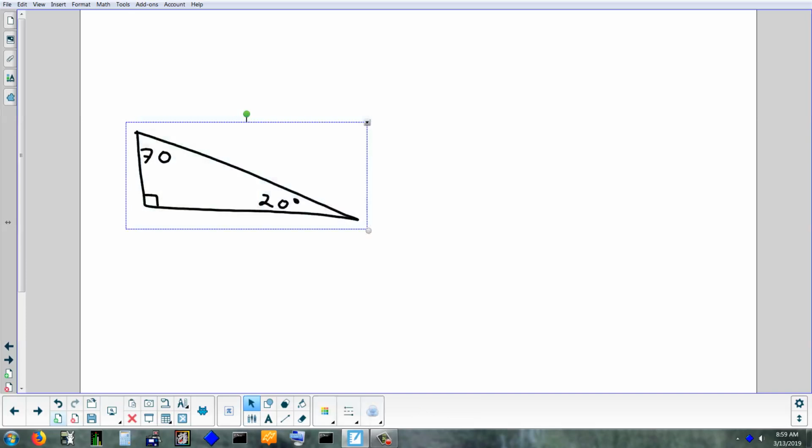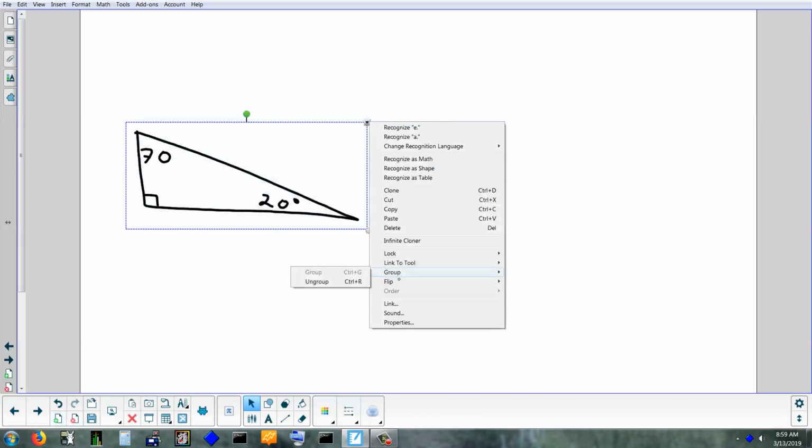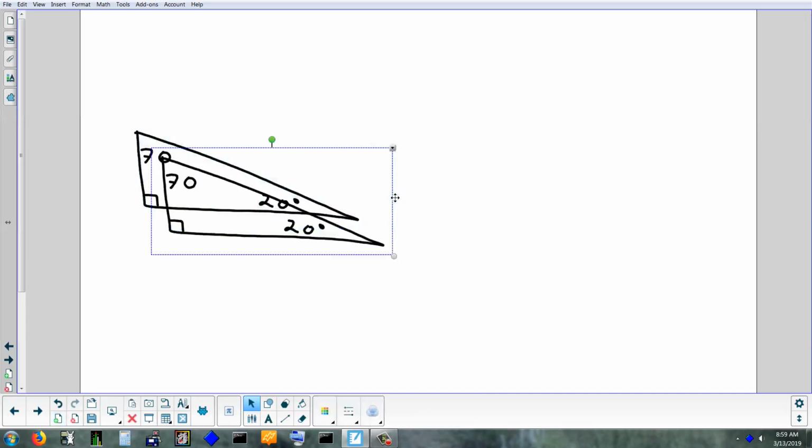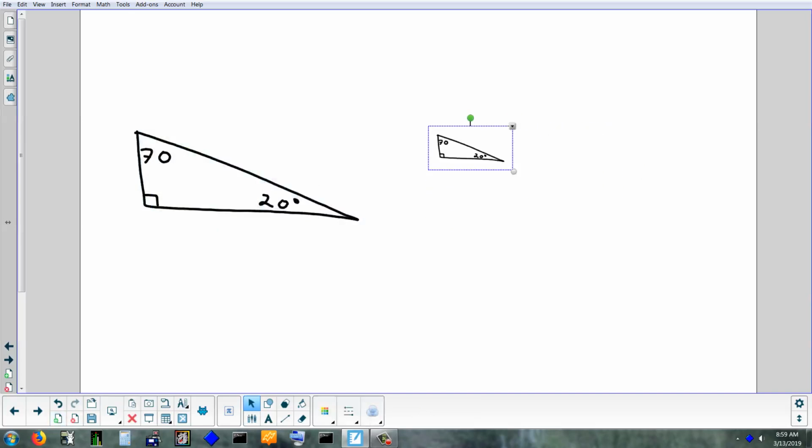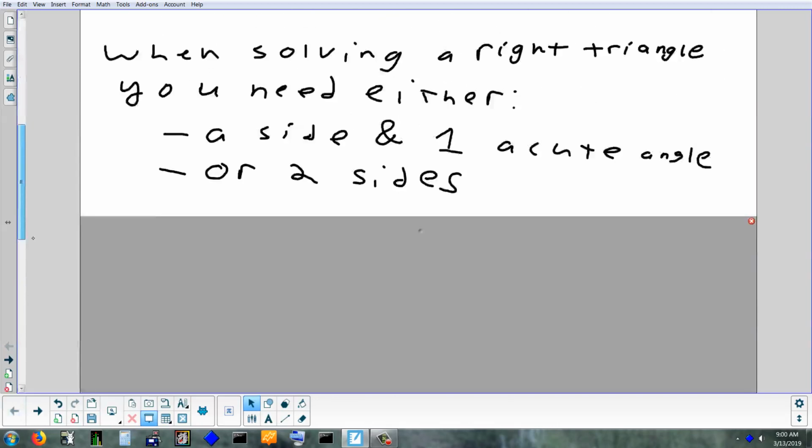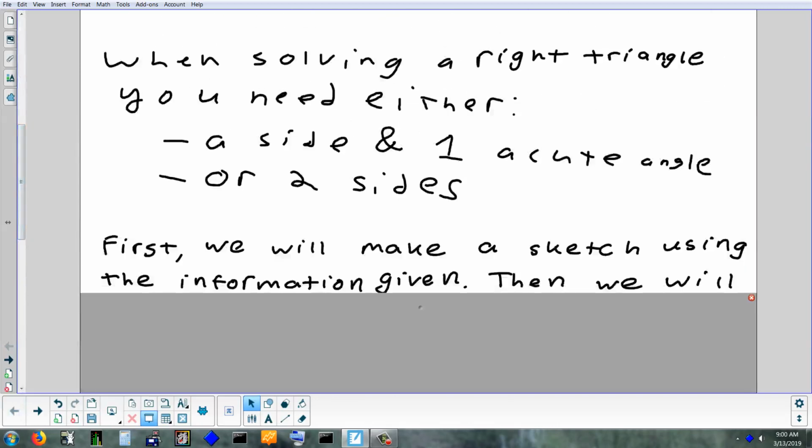Well, you can't, because you could just take that triangle and let's make a copy of it, and you could just go like this. All those angles are exactly the same now. They're still 90, 20, and 70. It's just you shrunk it down. So if all you know is the angles, you could find a triangle that's similar, but you couldn't actually find one and know the sides. All right. So that's why you'll always have one of those 2 cases.